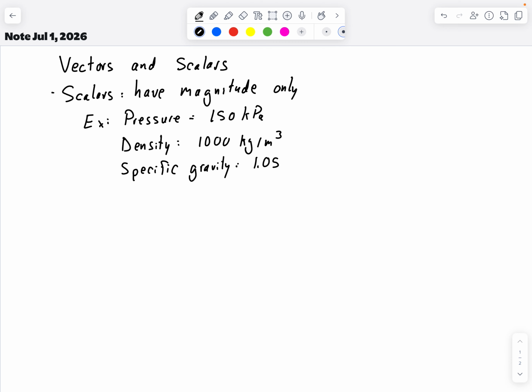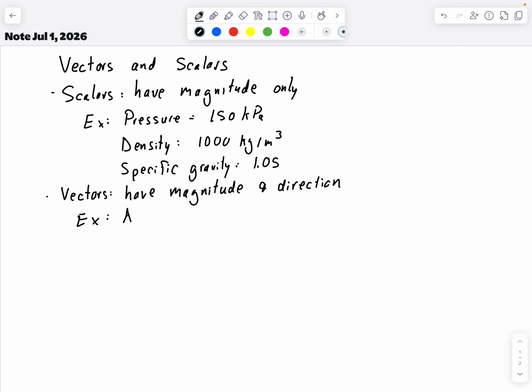In contrast to these scalars, we have vectors, which do have both a magnitude and a direction. We encounter vectors quite a lot in fluid mechanics.